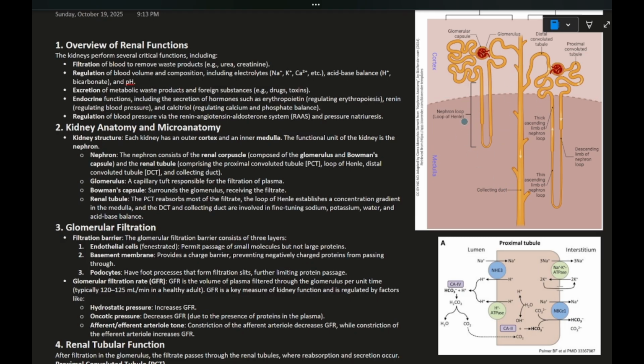The nephron, as shown over here, consists of the renal corpuscle, which is composed of the glomerulus and the Bowman's capsule, as we see over here, and then the renal tubule, which comprises the proximal convoluted tubule that we can kind of see over here, the loop of Henle, which is shaped like a loop, also over here, and then the distal convoluted tubule, which would be located about here, and about here on this side.